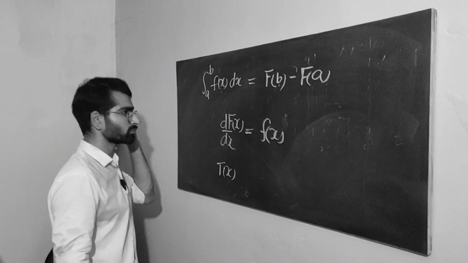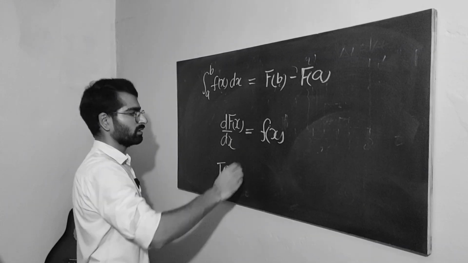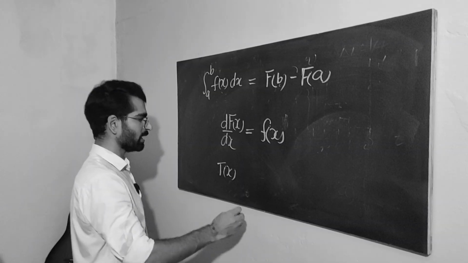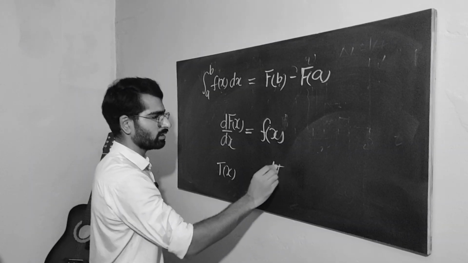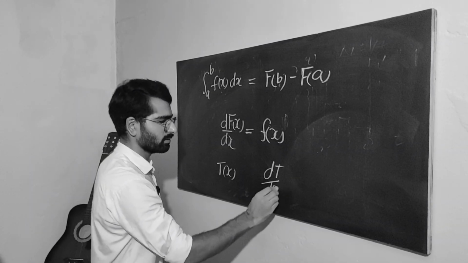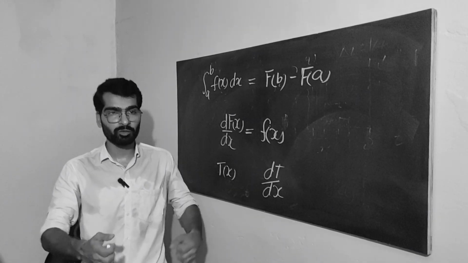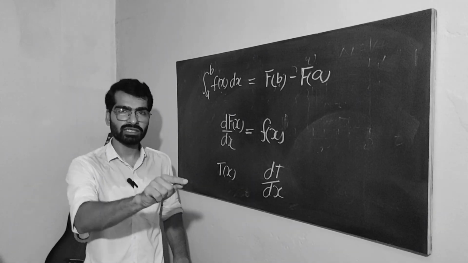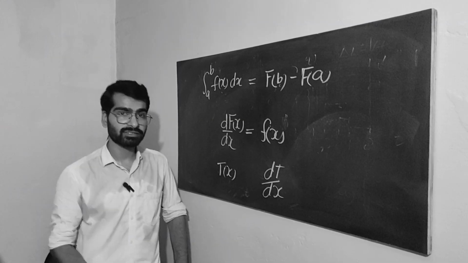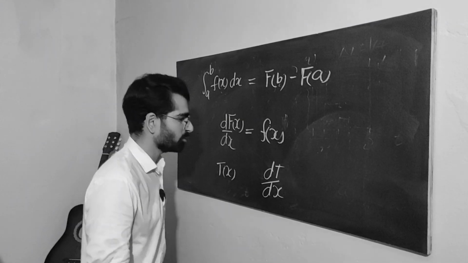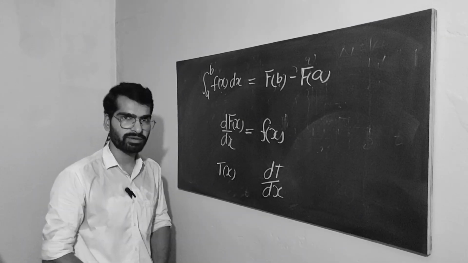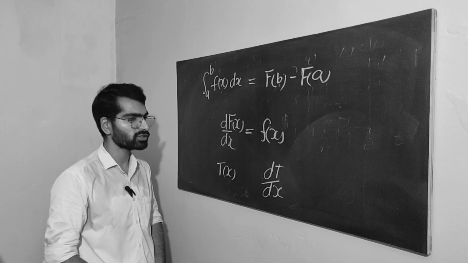Then this f of x is going to represent the derivative of that in the direction of x. It is going to tell you how quickly the temperature is changing as you move along in the x direction. We call this temperature gradient in physics.